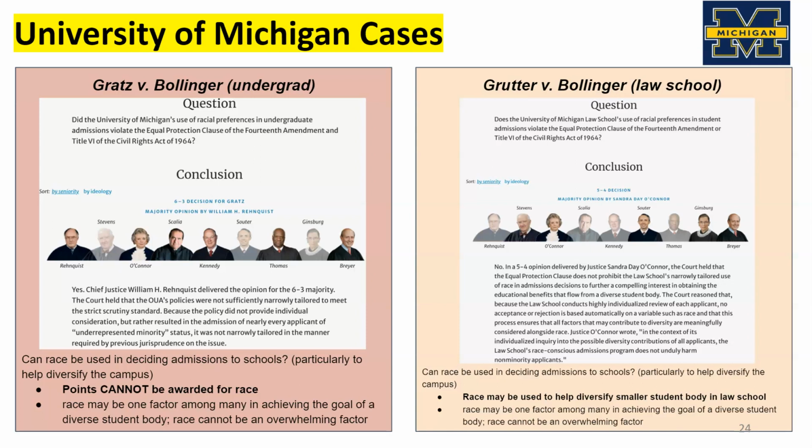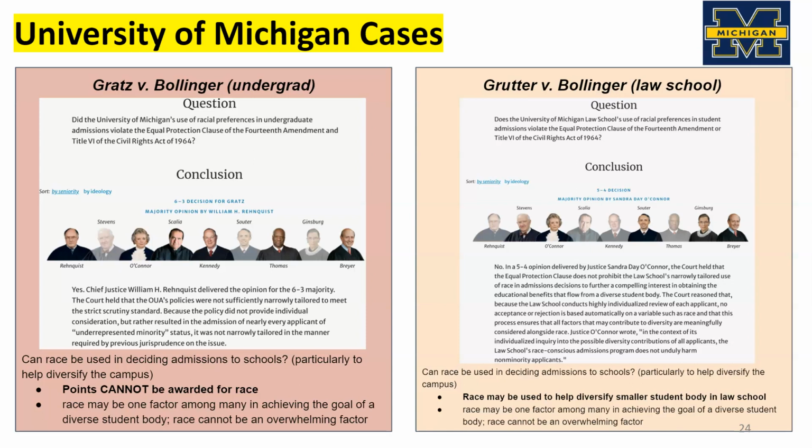So using race to help diversify the student body is different here in the law school program, whereas in the undergrad program we can't see you using it as points being awarded, but using it as a factor in a multitude of factors that are being considered, sure, because you've got such a large undergraduate school of students that that's going to kind of work itself out.